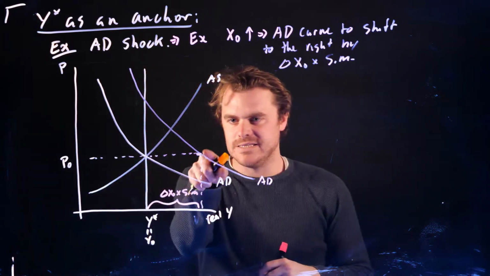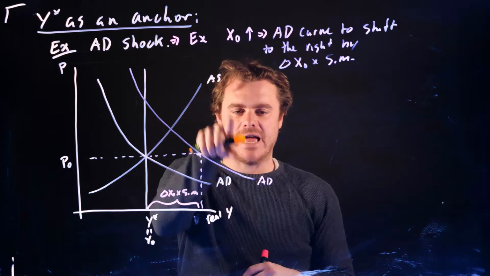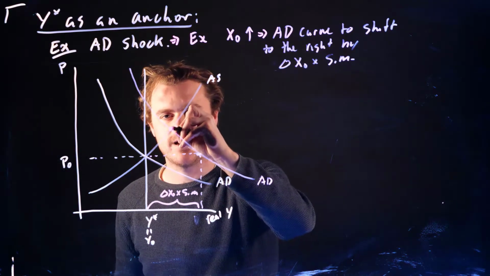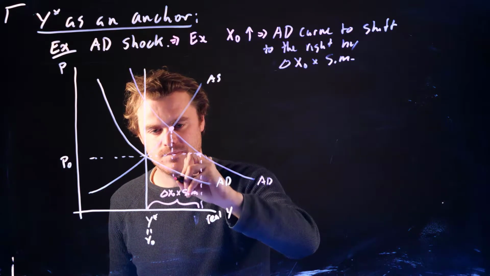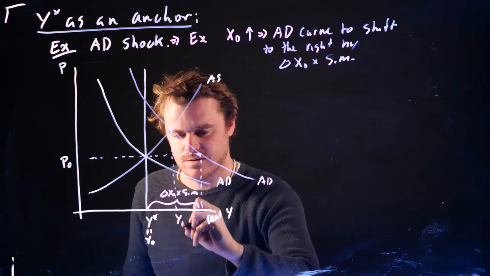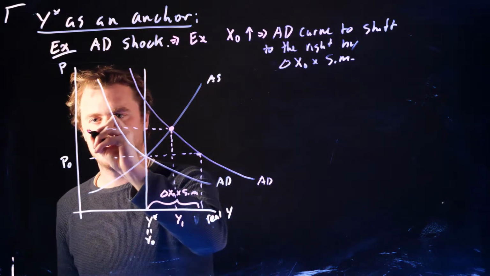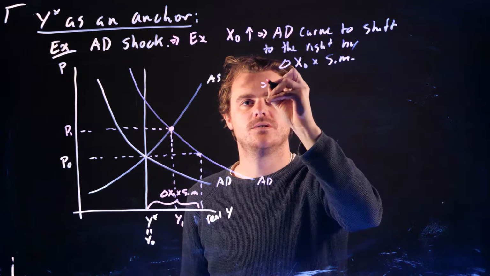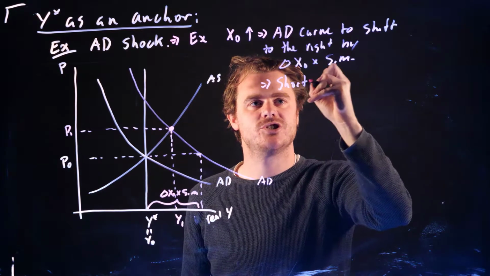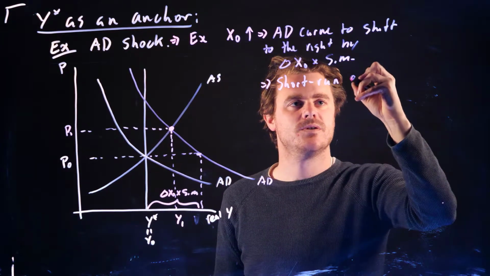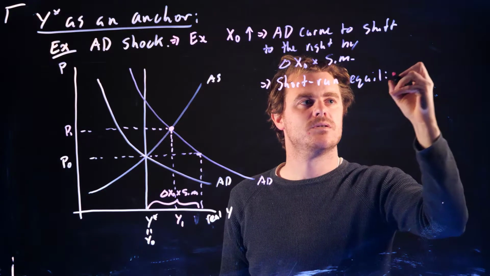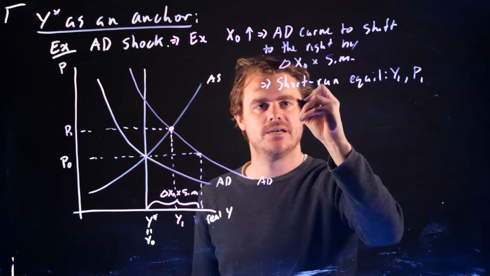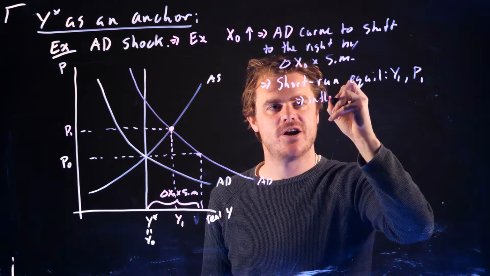But we know that this is not a new equilibrium because that's not where AS and AD meet. And so we're going to move to this short run equilibrium, Y1 and P1. So we get to a short run equilibrium, Y1 and P1, and we see this inflationary gap.